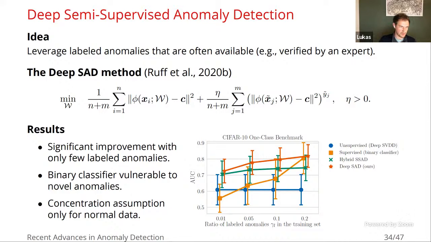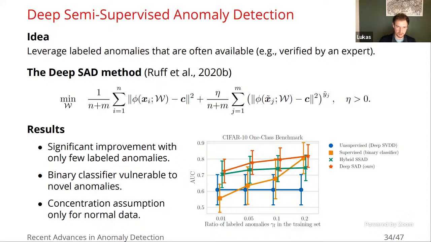And so the method that we presented this year at Outlier, the Deep SAD method, is based on the Deep SVDD method for normal data. So we again want to learn our neural network to map everything to some sphere of minimum volume, but for the known and labeled anomalies to map them outside or far away from the center of the sphere.